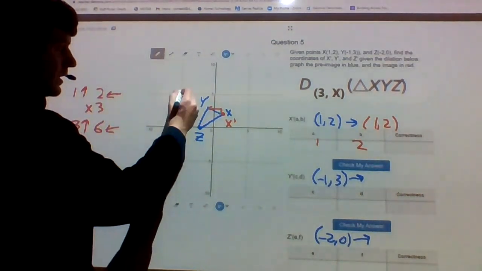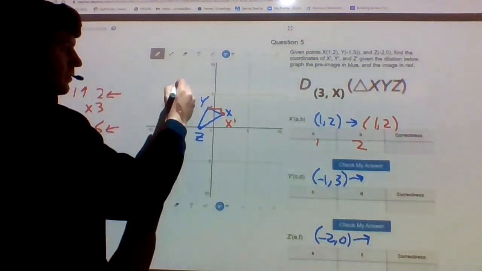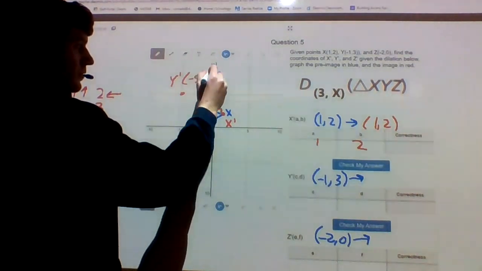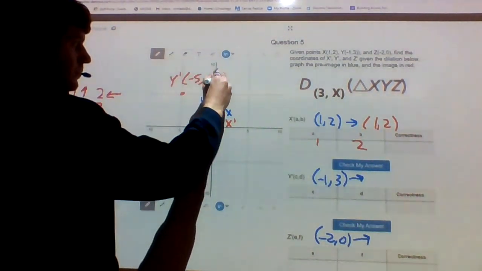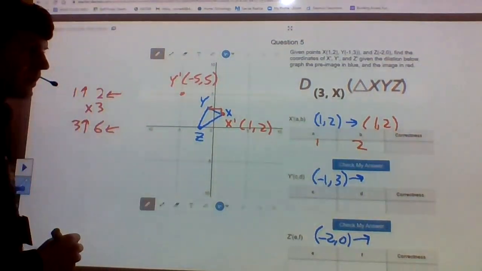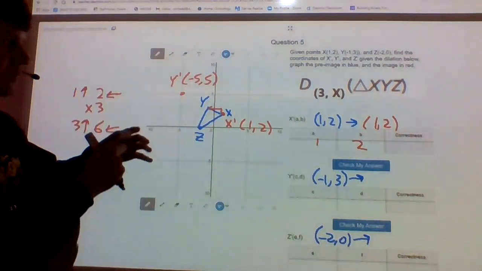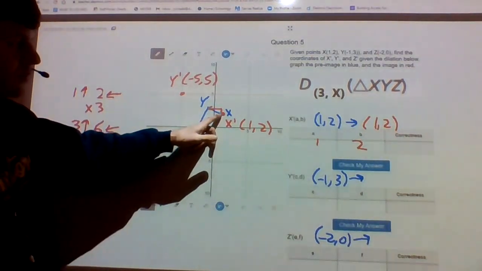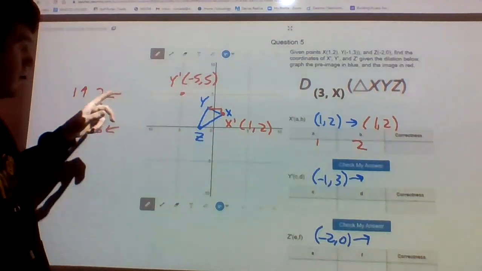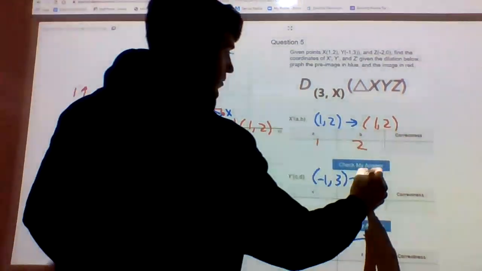And that's going to put us at negative 5, 5. So that is y prime. X prime stayed the same. That was 1, 2. All right, so negative 1, 3. We're going to expand that away from x 3 times as far away. So instead of going up 1 over 2, we're going to go up 3 over 6. That's negative 5, 5.